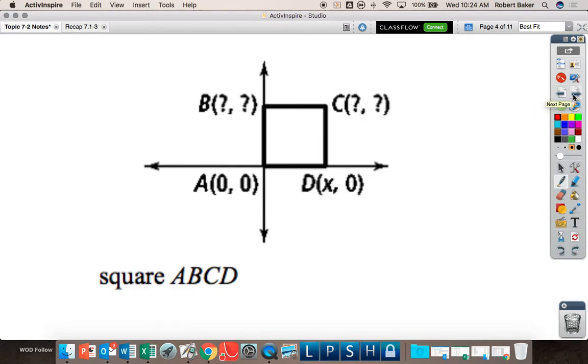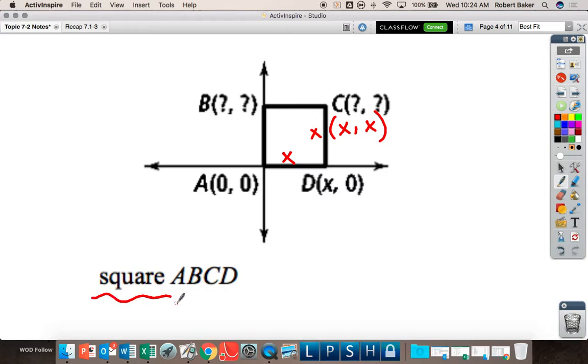Alright, the square. Oh, that one's X. Which one? C. Over X, up X. Couldn't you just put whatever? Well, how long is this distance? So how long should this distance be? X. Oh, it said it's a square, right?